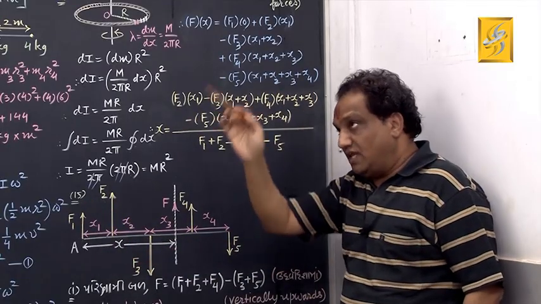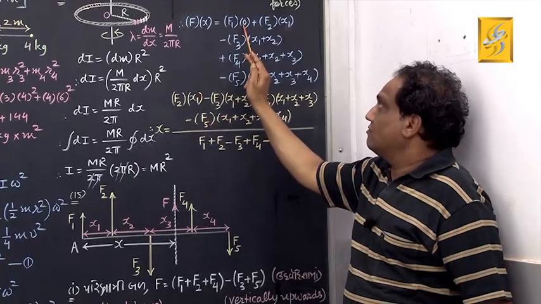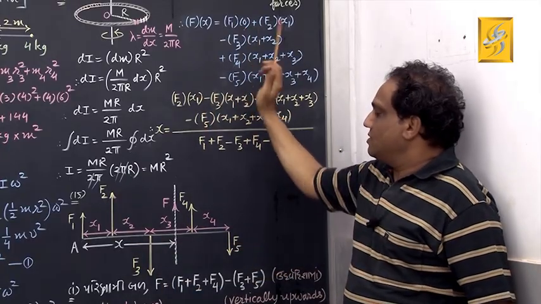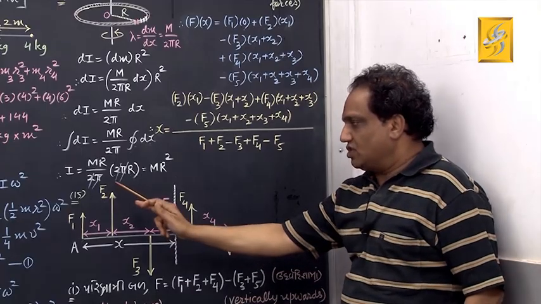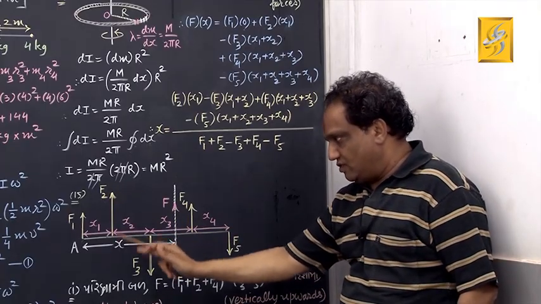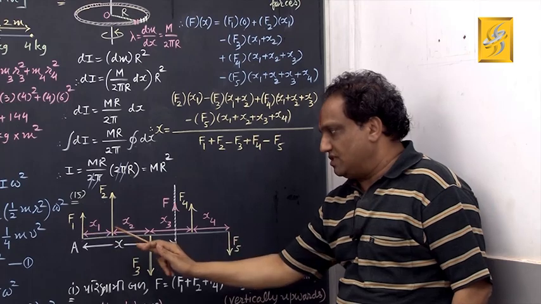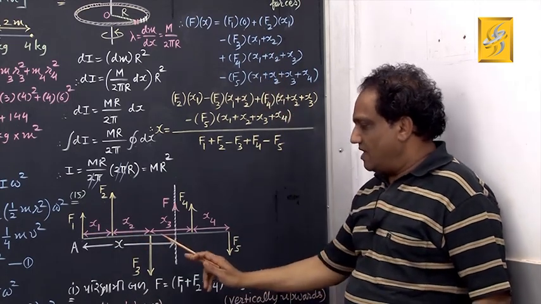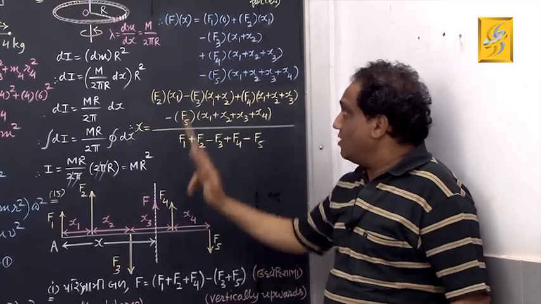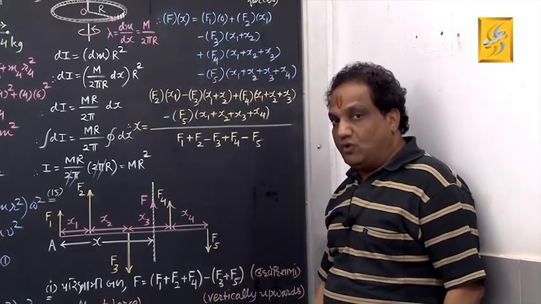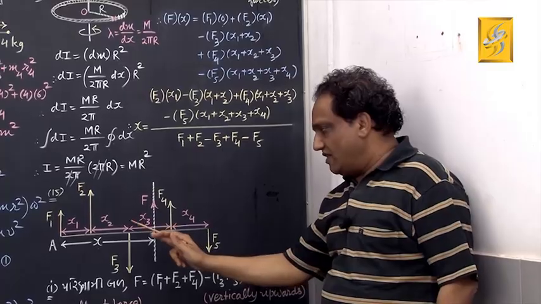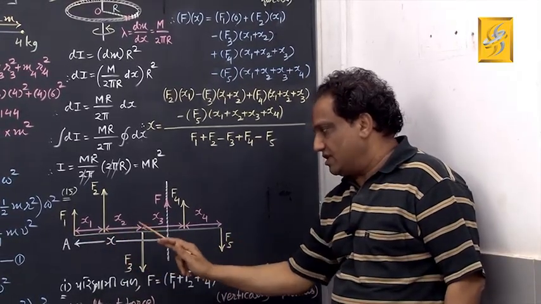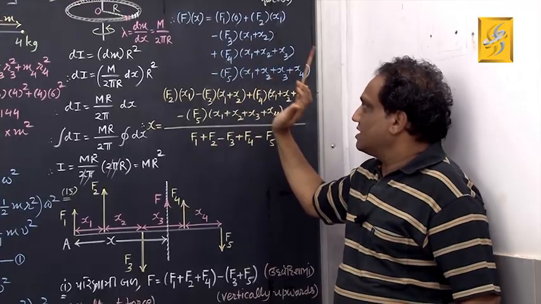F2 is upwards, so I take it positive and multiply by the perpendicular distance of the line of action of this force from this reference point, which is x1. So F2 into x1. Similarly, F3 is downward, so I take it negative: minus F3 into the perpendicular distance of the line of action of F3 from this reference point. It will be x1 plus x2.